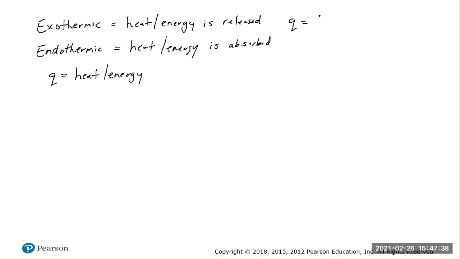If you calculate Q and end up with a negative number, that means that the reaction or process was exothermic and heat and energy was released. While if you calculate Q and end up with a positive number, that means heat and energy was absorbed by the system.